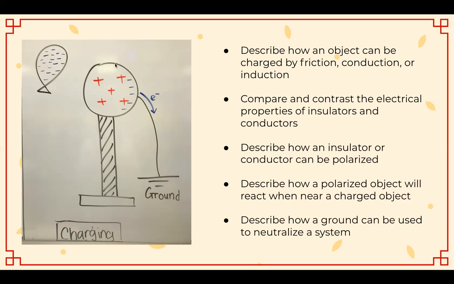I know, for instance, that this sphere is a conductor because the electrons were able to dissociate completely away from their resulting atoms. These electrons were able to literally move all the way across that metal and out to the ground. This leaves the sphere as polarized. It's polarized because one side has a charge.